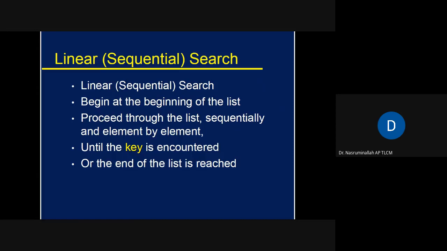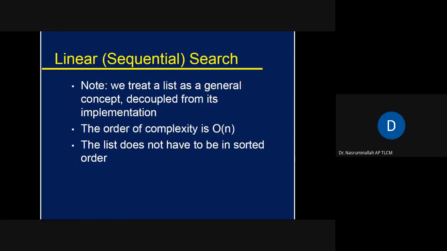Another stopping criterion would be that you keep on searching, you keep on moving to the next element, and during that operation you reach the end of the data. Then in that case, of course, once you reach the end of the data, even if you didn't find it, you don't have any other option to move on to the next element, so you will stop again. So these are the two stopping criteria that your algorithm should follow.